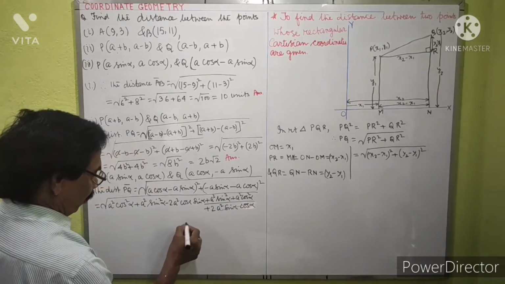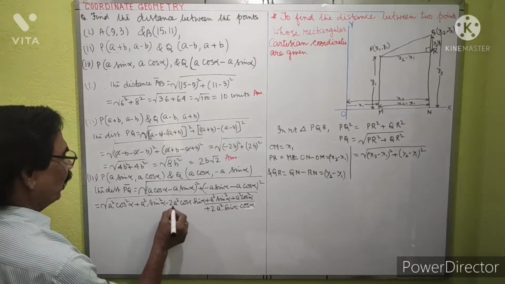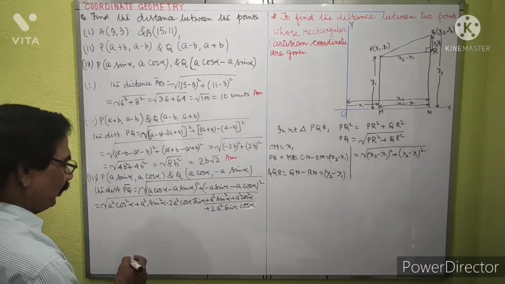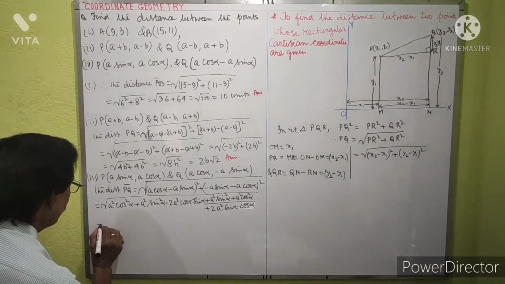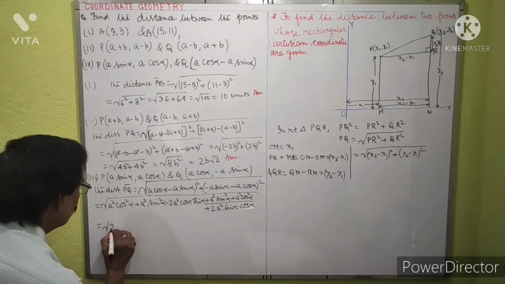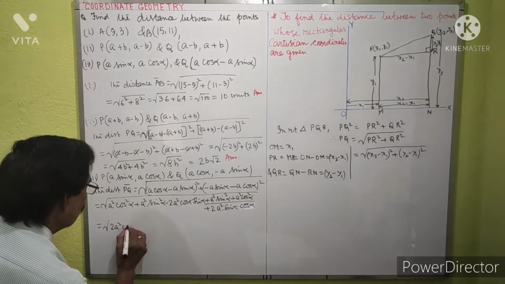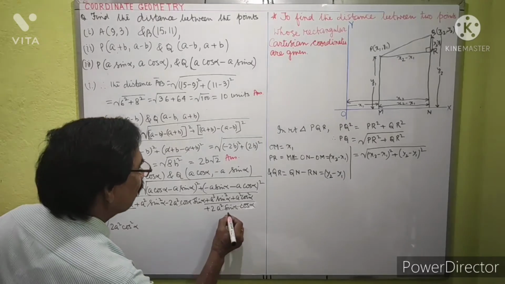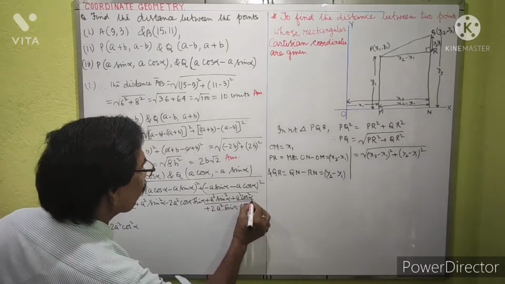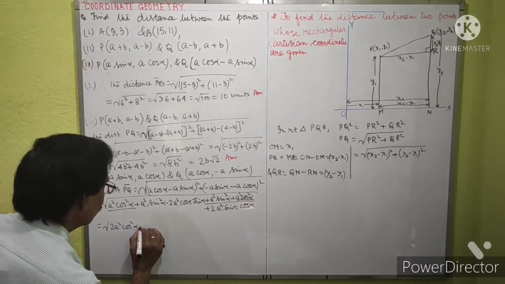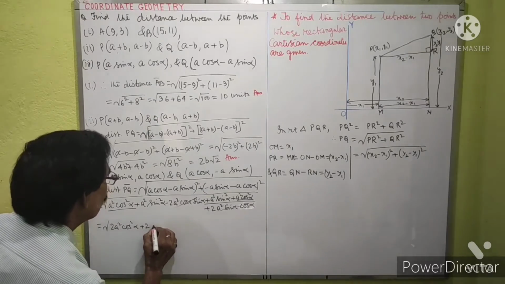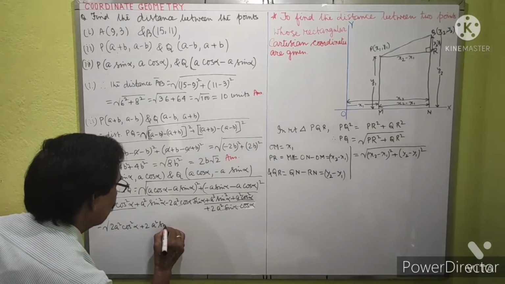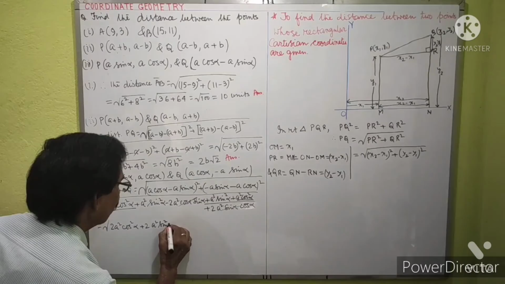The minus 2 a square sin alpha cos alpha and the plus 2 a square sin alpha cos alpha will cancel out and it will be root over of a square cos square alpha plus a square cos square alpha plus a square sin square alpha plus a square sin square alpha.